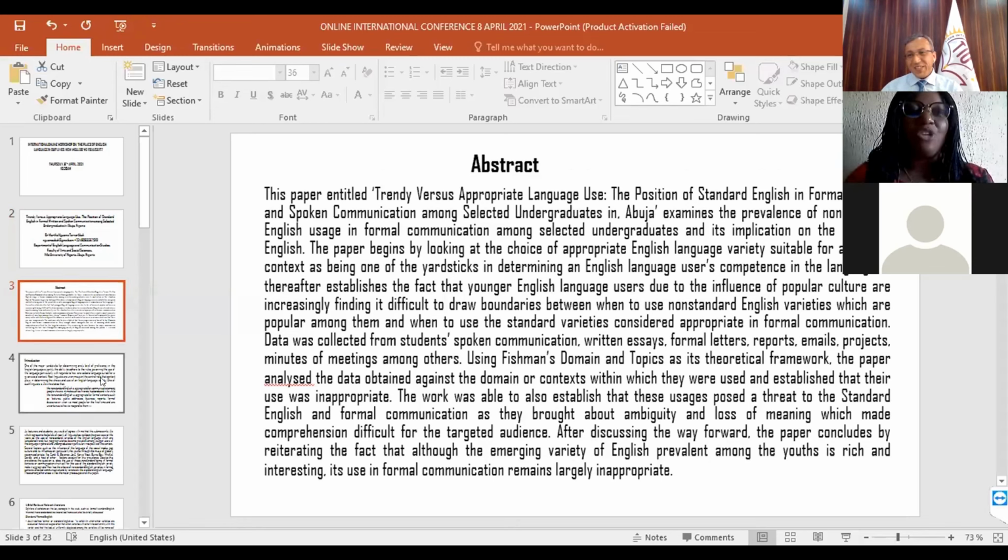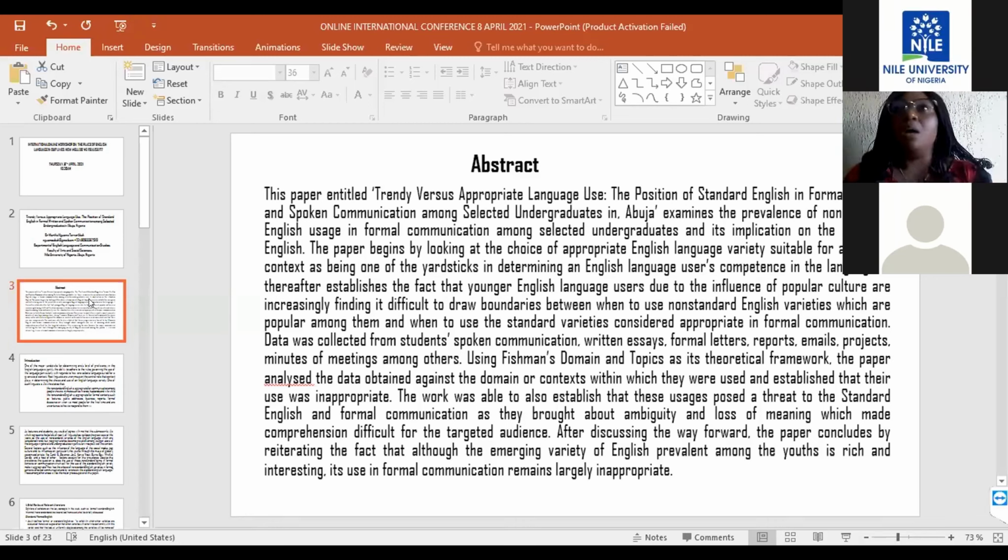Okay. So I'll just try to summarize the abstract, just to give us a background of what the whole presentation is all about. As the title has suggested, we find ourselves, as not just teachers but users of the English language generally, in a situation where there is that conflict between that which is acceptable and that which is not, that which is popular yet unacceptable, and that which is appropriate.